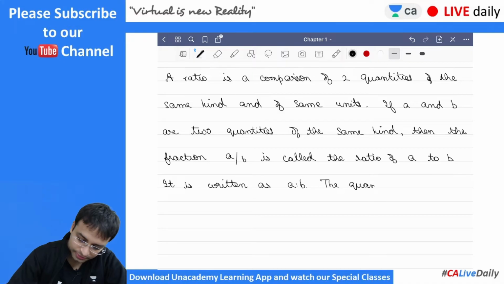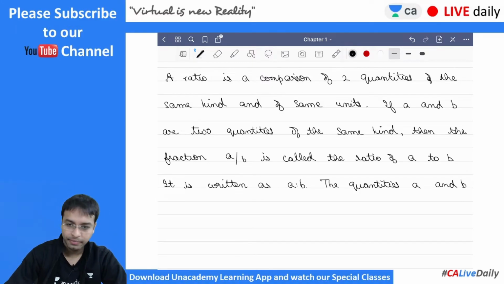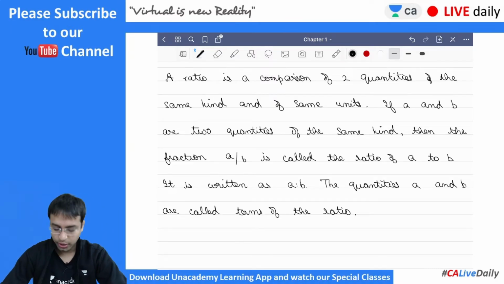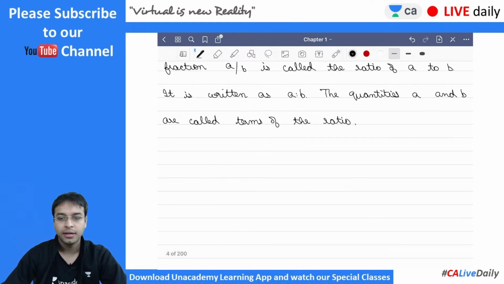The quantities A and B are called terms of the ratio.